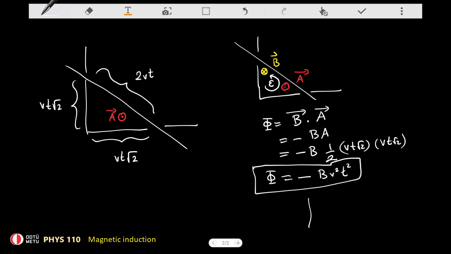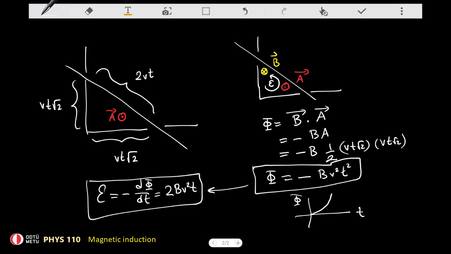So that means flux as a function of time has this kind of a dependence, which means, of course, the derivative also changes with time. If I take the derivative of that expression, the EMF would be minus the time derivative of the flux. In that case, that's going to be 2BV squared t. So the EMF depends on time.